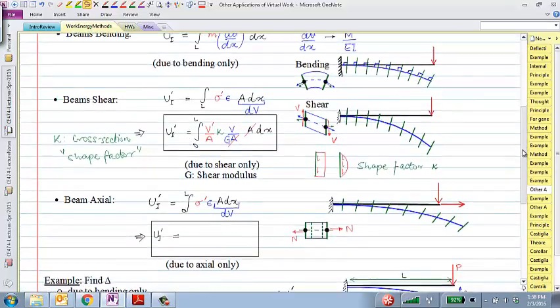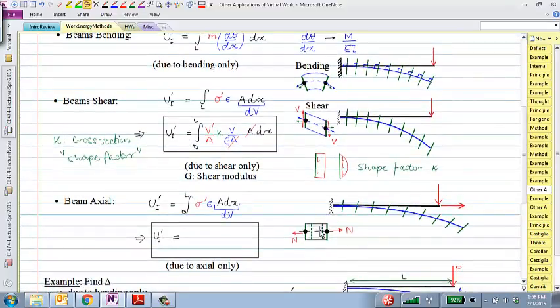And finally, there is one more mode for the beam deformations that we need to talk about, which is of course the axial mode. It's a beam, no doubt, but indeed if I apply an axial force, it will stretch or compress.